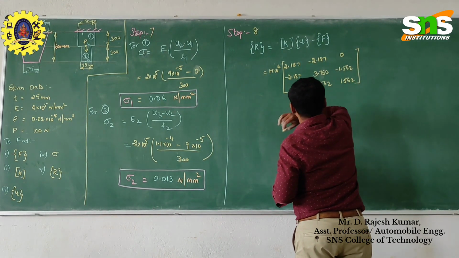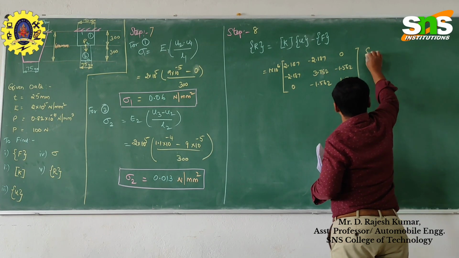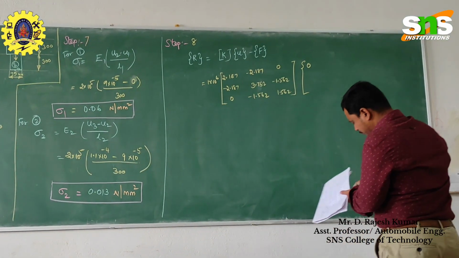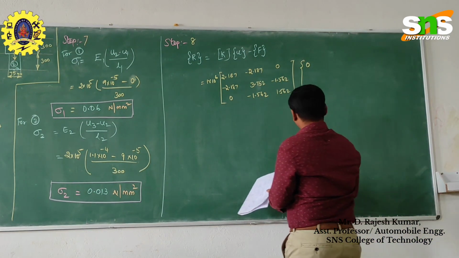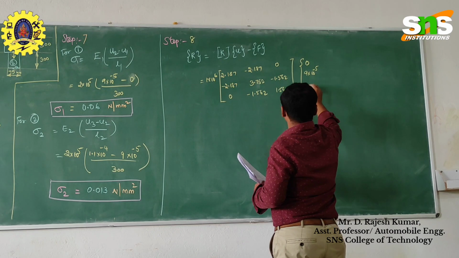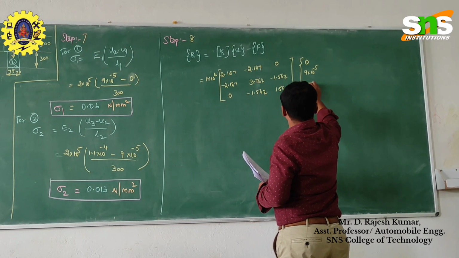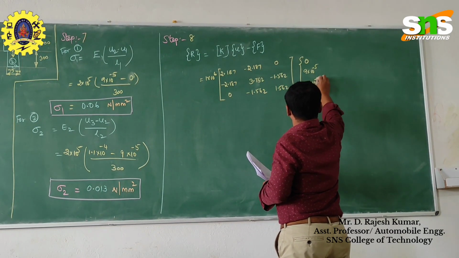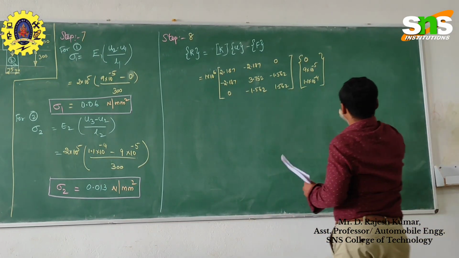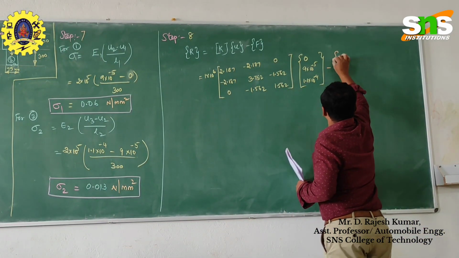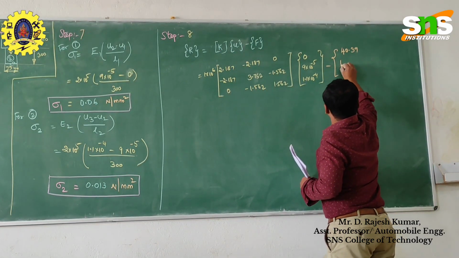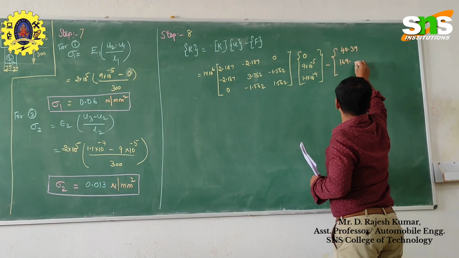This is K. And what is U? U1 is 0, U2 is 9 into 10 power minus 5, and U3 is 1.1 into 10 to the minus 4. And the forces are 40.39, 169.21, 28.82.